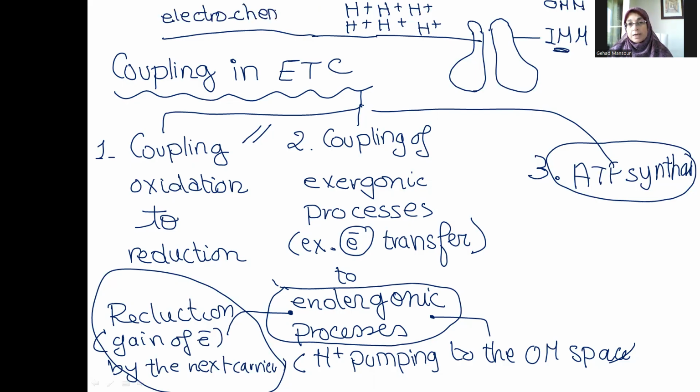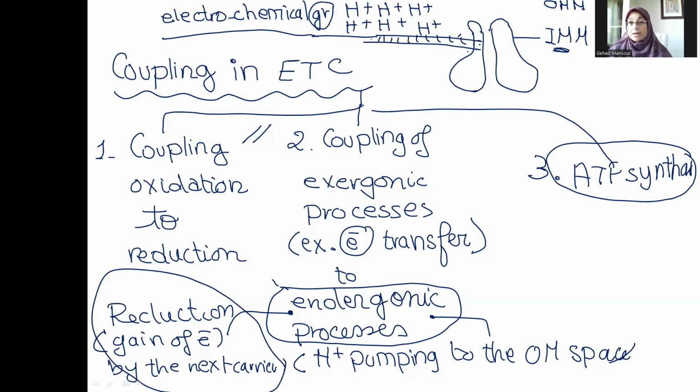Why is it called an electrochemical gradient? Gradient means difference, meaning that now we have, and this is the inner mitochondrial membrane, by the way, that is very similar to the cell membrane.